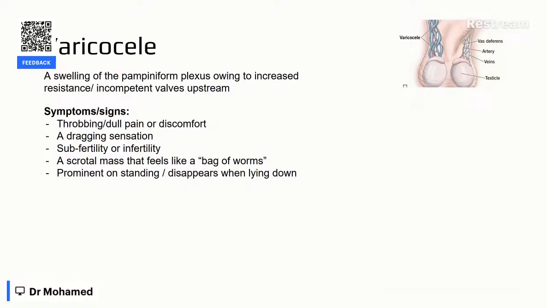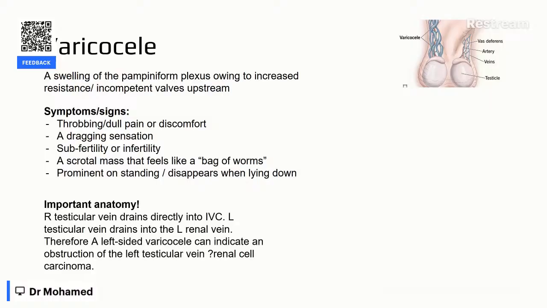Subfertility or infertility can be a secondary consequence of it. In terms of examination, it's this classic bag of worms texture, and because it's due to venous engorgement, there can be a pressure effect, so it will become more prominent on standing just because of gravity, and then it might ease on lying down.